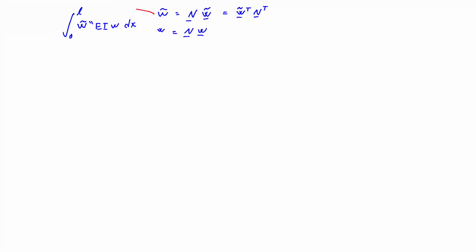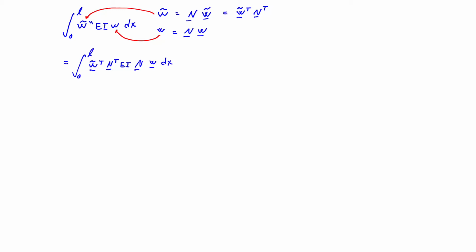Then we substitute in w tilde in the first factor and w in the last factor, and the integral will be from 0 to L. Then we have the vector w tilde transposed, n transposed, EI, which is a scalar, n, and at the end the w vector, everything integrated as a function of x.